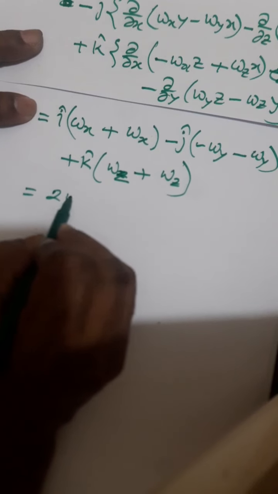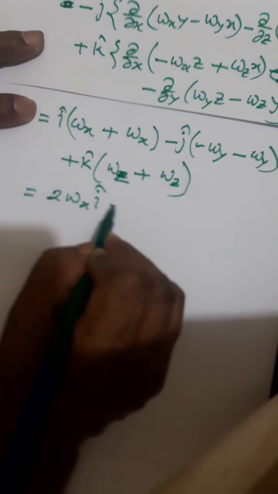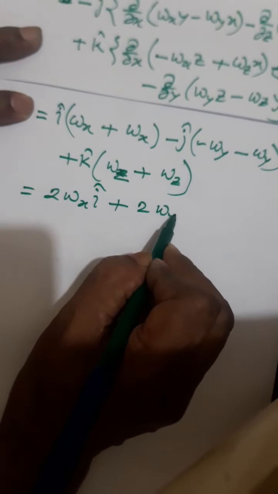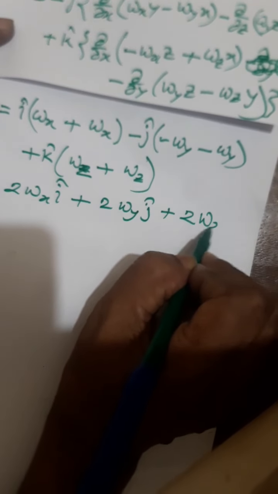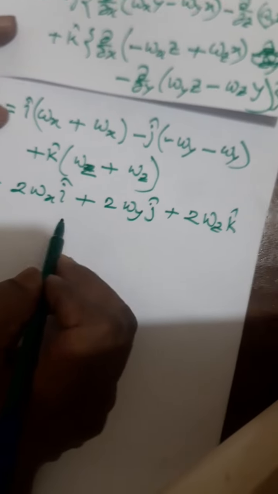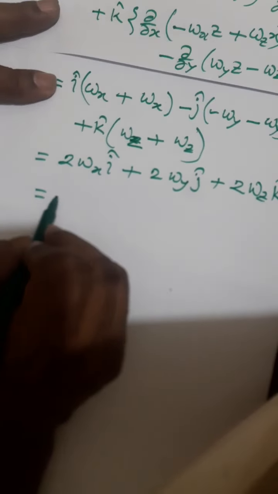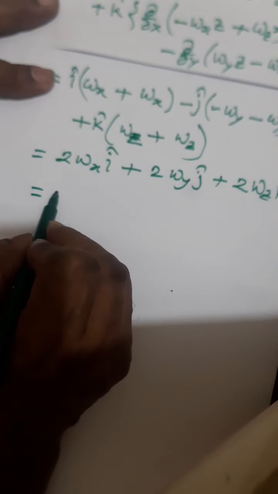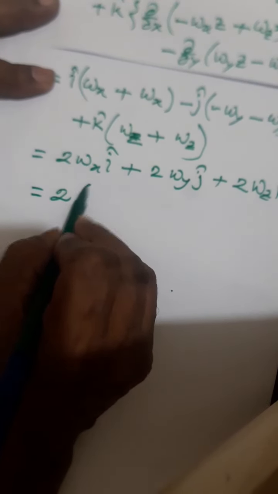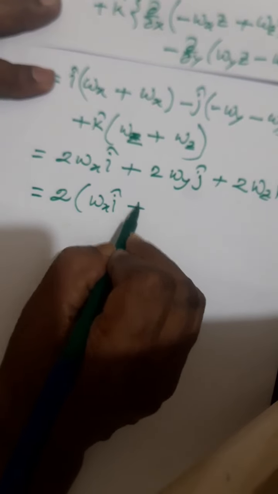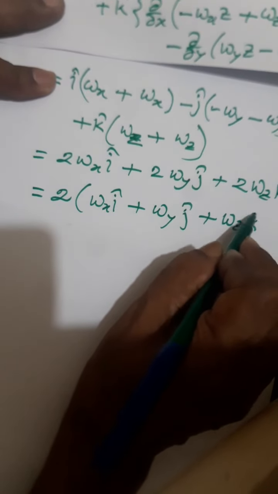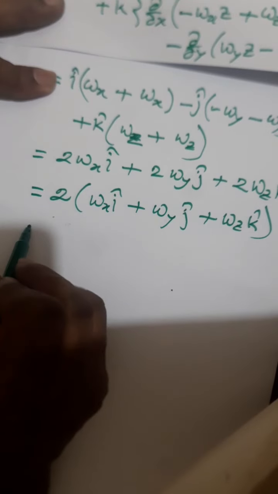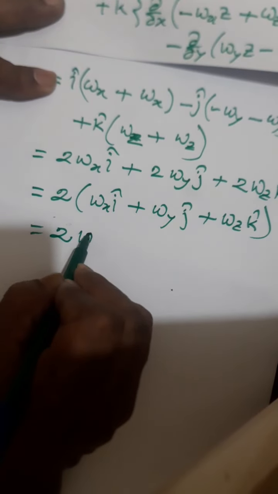That is, 2 omega x i plus 2 omega y j plus 2 omega z k. 2 is common: omega x i plus omega y j plus omega z k, which is the vector omega, that is, 2 vector omega.